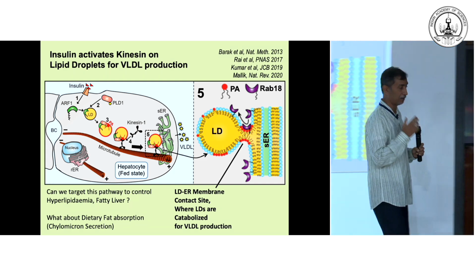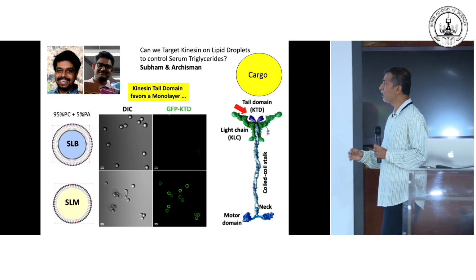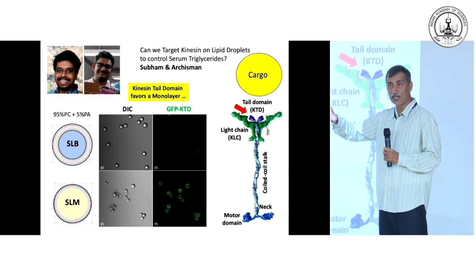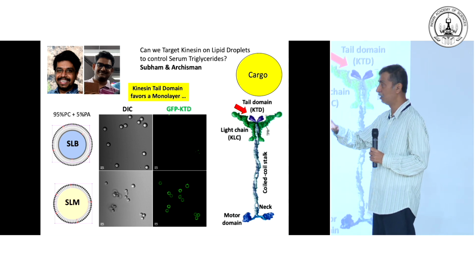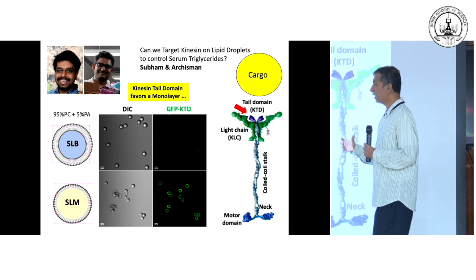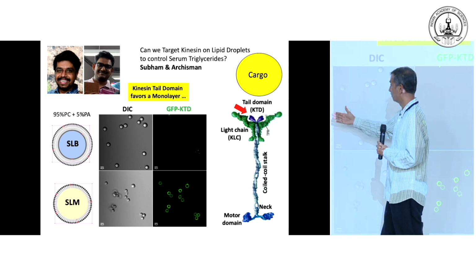And if we can do that, maybe that would help. So we are testing this hypothesis, in cell culture and in an animal model. Both experiments are in progress. Shubham and Archishman are doing this. There are other things too. I'm just giving a very small glimpse of this.